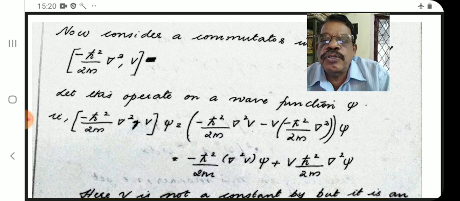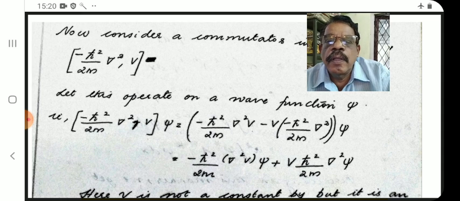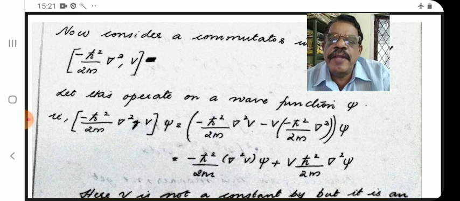V psi is equal to AB minus BA. That is, minus h cut square by 2 del square V minus BA. B into that we have put in a bracket, minus h cut square by 2 del square. So inside you write a single bracket and outside you write a square bracket. If you put a square bracket, you may confuse it with the commutator. So we can write a large bracket, a double bracket, or write in this manner.